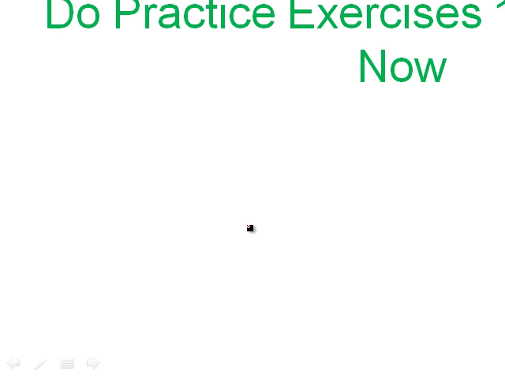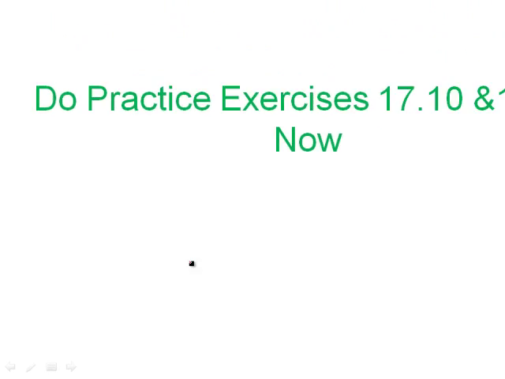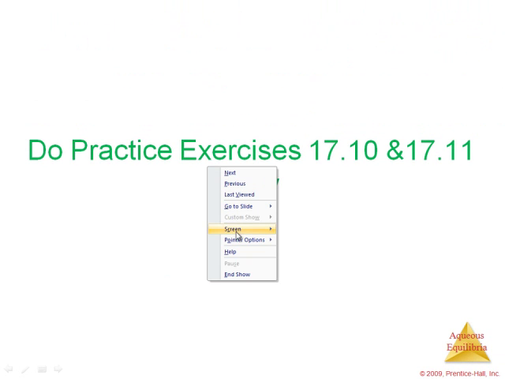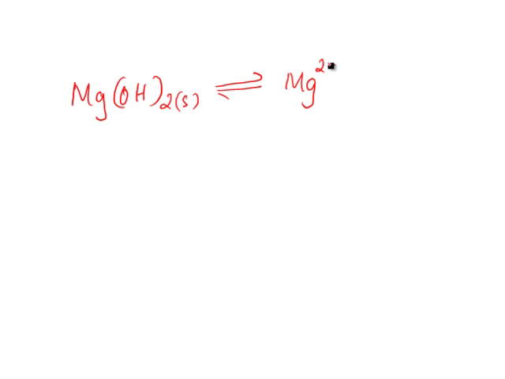Okay, so we have magnesium hydroxide, Mg(OH)2 solid. How would it dissociate? What are the ions? Mg2 plus and 2OH minus, right?